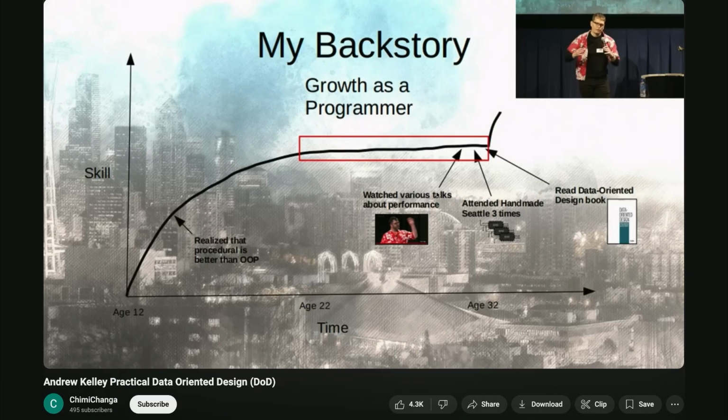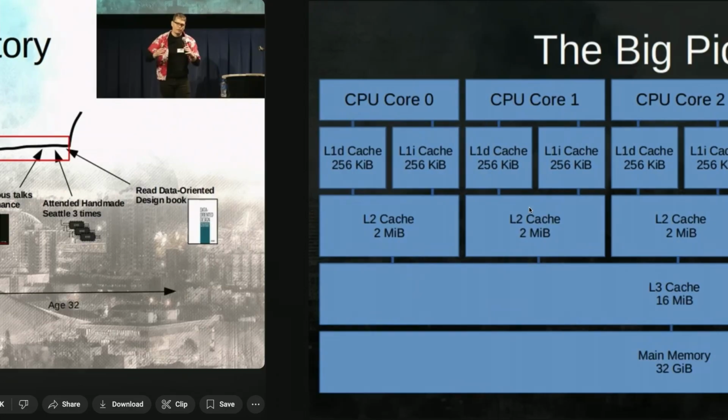Then he watched some talks about performance. And eventually, at the age of 32, he read the data-oriented design book and finally understood what it is. I too am around 32 years old, and I read the book and understood what data-oriented design is.